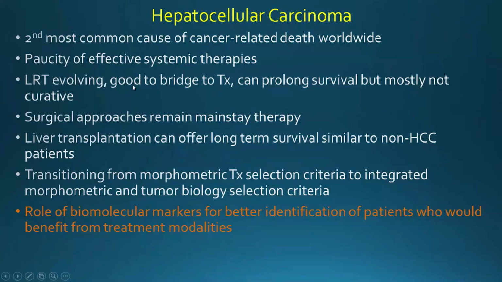So if we want to wrap it up, it is the second most common cause of cancer-related death worldwide, and there is a paucity of effective systemic therapies. Local-regional therapy is evolving, good to bridge to transplant, can also prolong survival in non-transplant candidates, but mostly they are not curative.